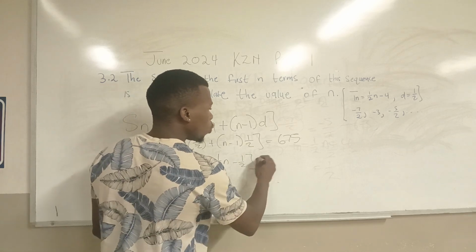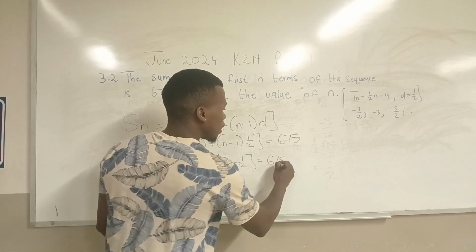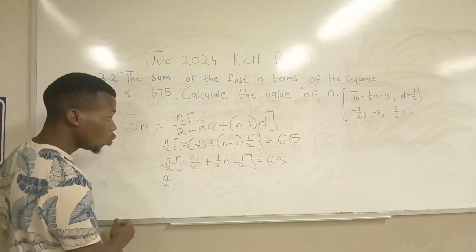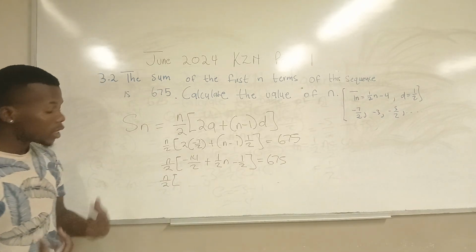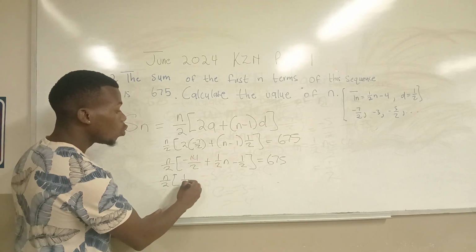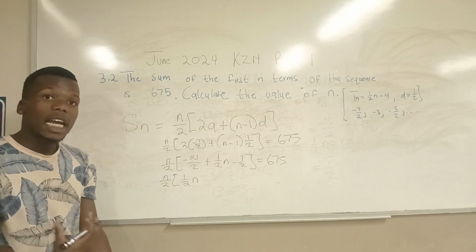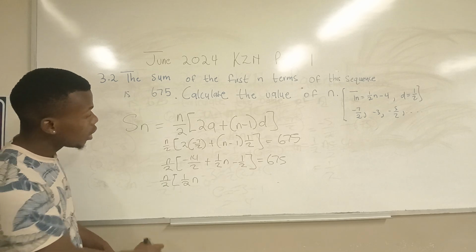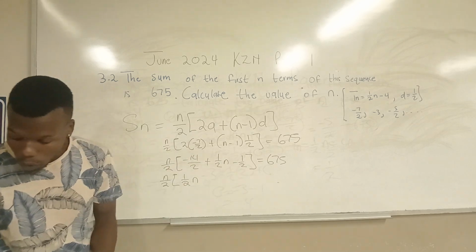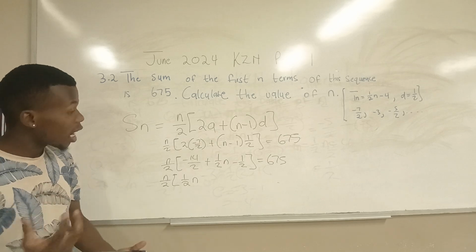Close bracket, which equals 675. This will be n over 2. Let's check what I will have inside my bracket: 1 over 2 n, and then I calculate negative 14 over 2 minus 1 over 2.